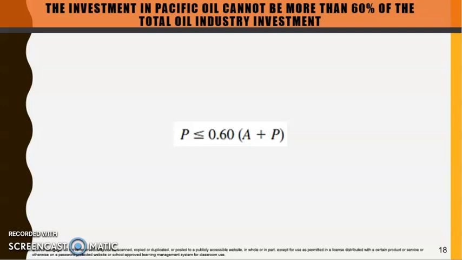That's the reason, because maybe some of you, even without doing the math, say that it is the total amount of investment in the oil industry, and P, the amount of investment in the Pacific oil company, must be smaller than 60% of that. I have told you many times, it is the science of common sense. Everything makes sense. Any approach you take, if you are taking that approach correctly, you come up with a similar answer.